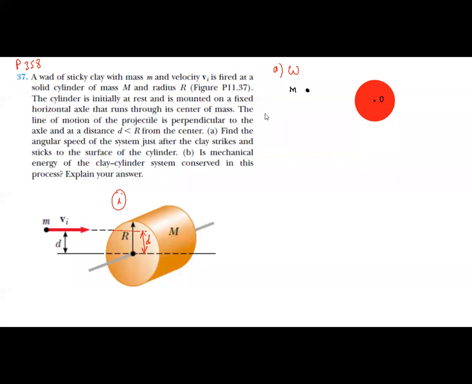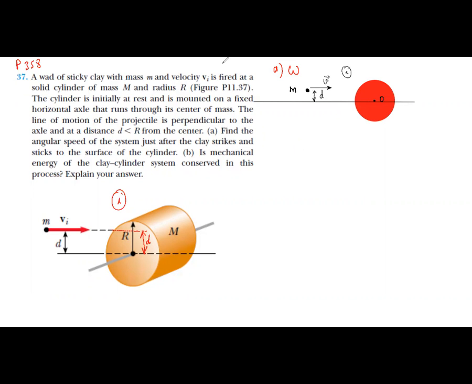If you see the horizontal axis, we have a distance d here. This is just before the collision. Here we have the velocity to the right. So, initial state before collision.